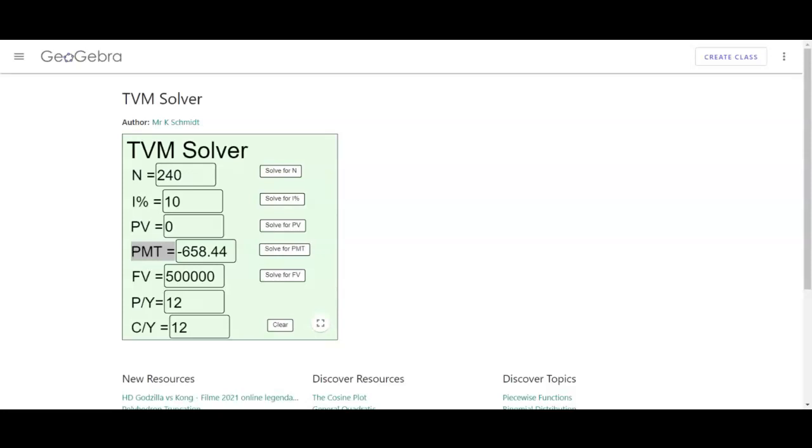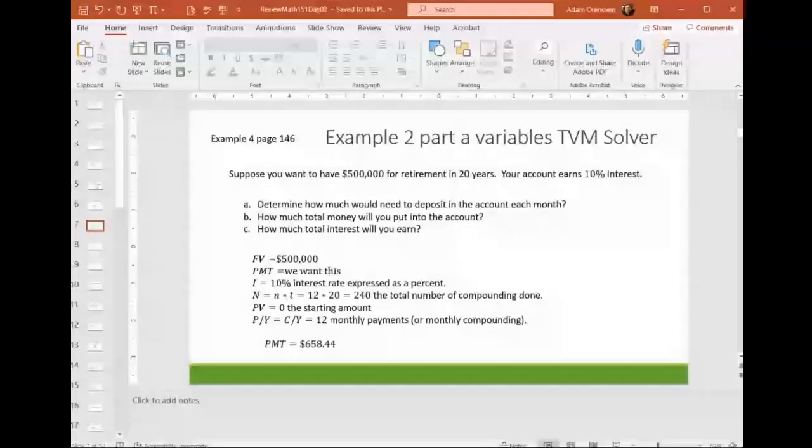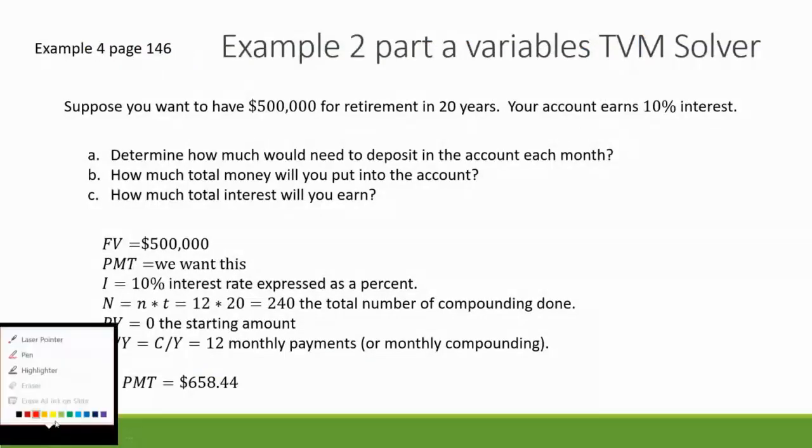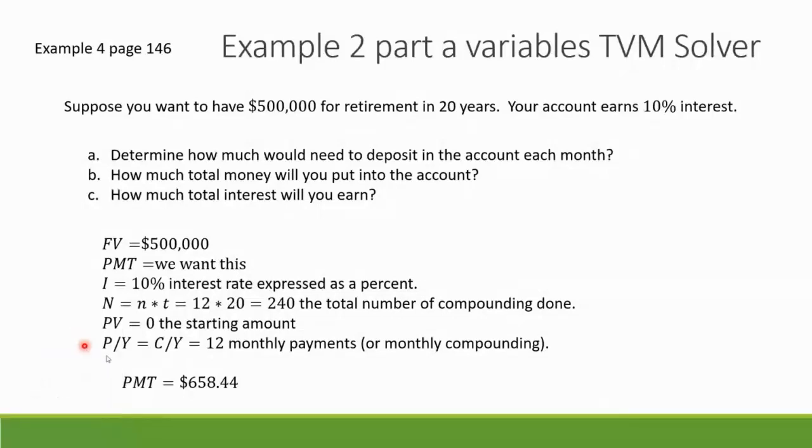Okay, so let's keep going with the problem. All right. Okay, so let me get back to the notes. Here we go. Okay, so here again, we got the same amount. Even though it came up negative, but again, we know the interpretation of that.